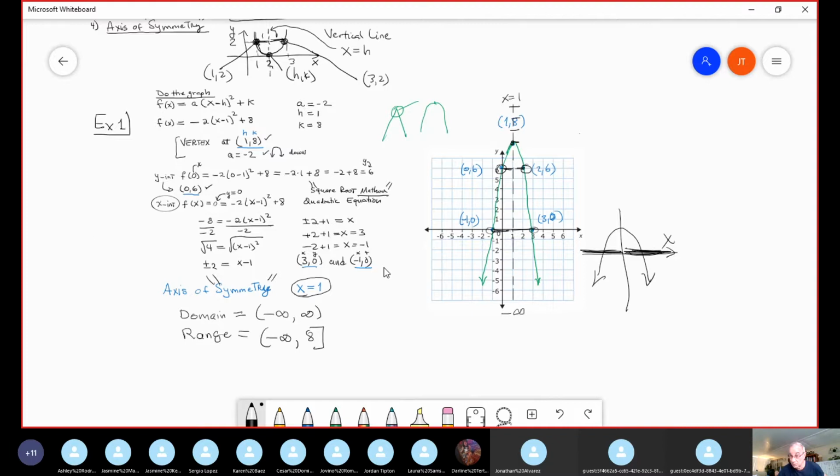Finally, determine the domain, which is always the same, always from negative infinity to positive infinity, and the range is, in this case, from negative infinity to 8, because 8 corresponds with the maximum value of the parabola. And this is important, maximum, because it opens down, so our parabola has a maximum.